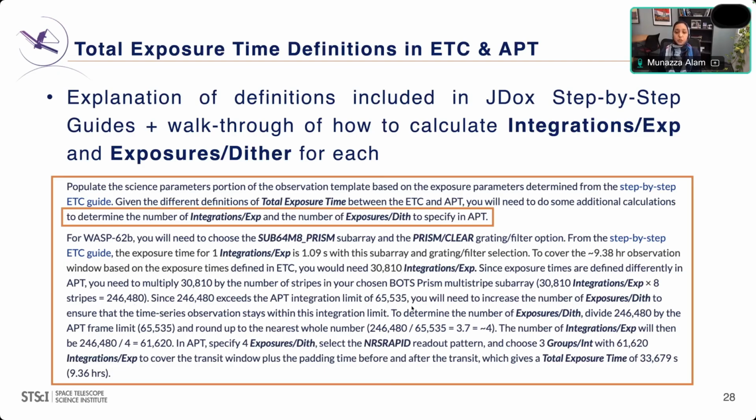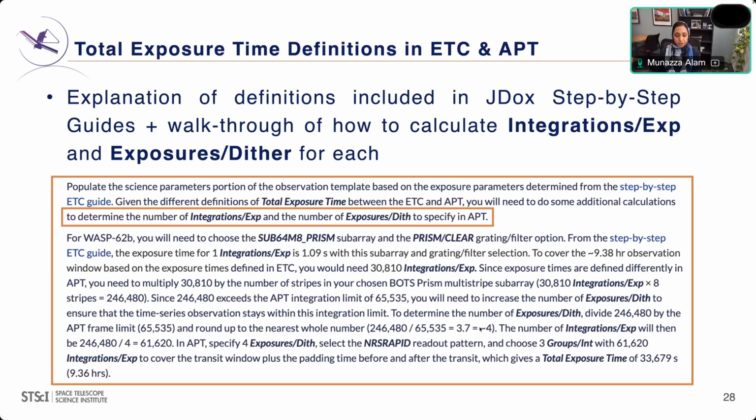65,535. And so in order to circumvent that, you'll need to increase the number of exposures per dither in order to stay within the integration limit. And so in order to figure out what your exposures per dither should be, you will need to divide the total number of integrations, 246,480, by this APT frame limit and round up to the nearest whole number. So in this case, that'll be 4.